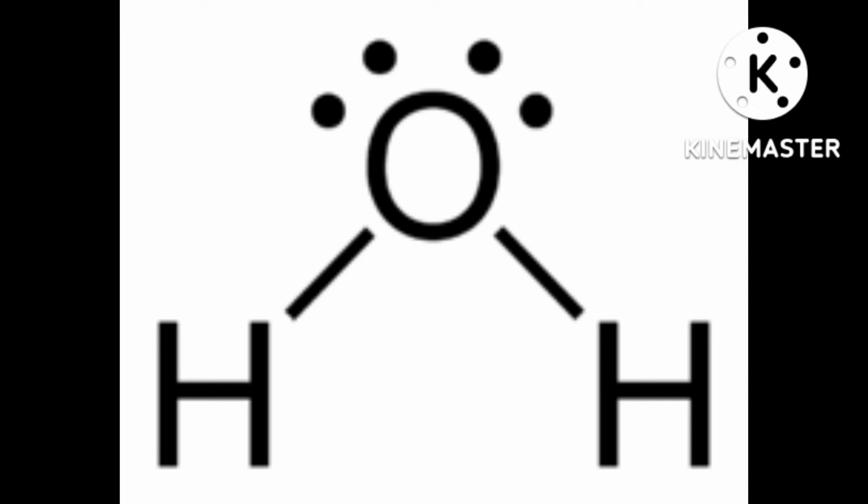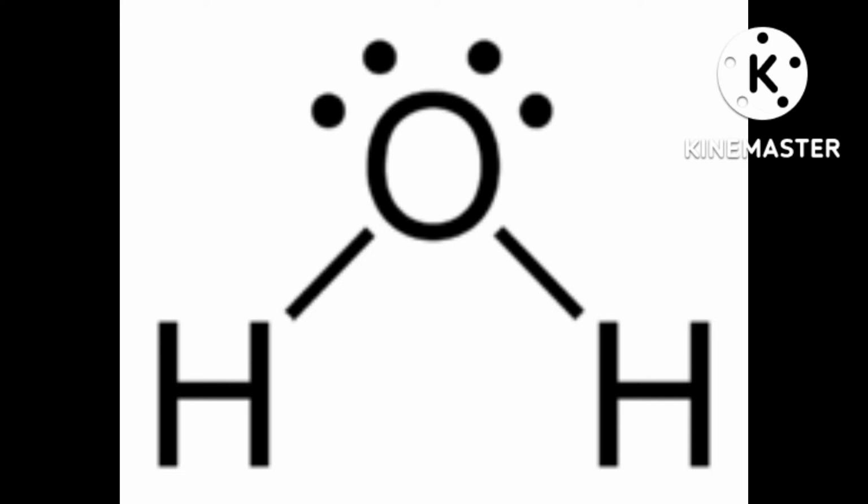They are reactive because they want to get a stable electronic configuration, that is 8 electrons in their last orbit. That's why they try to react to get this stability.